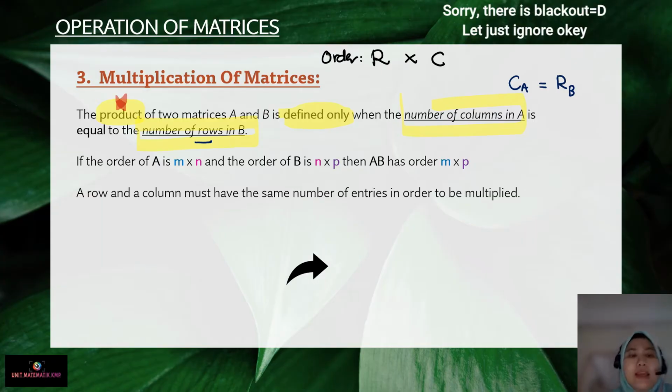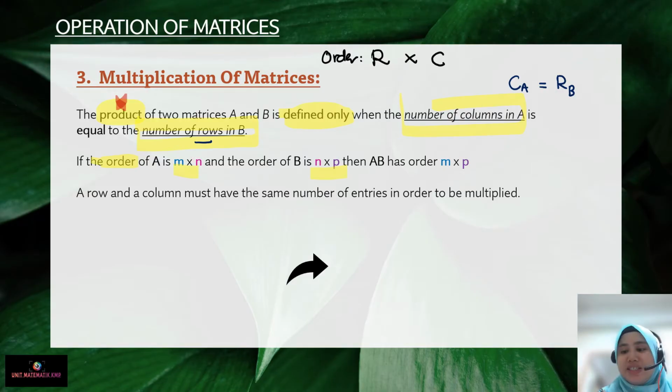Let's look at the next point. If the order of matrix A is m by n, and the order of matrix B is n by p, as you can see, what is the same? We have n here and n here.